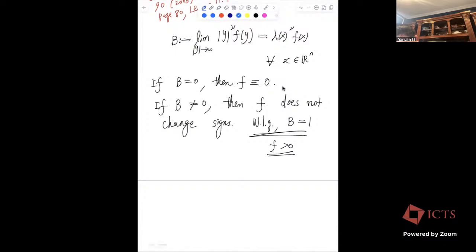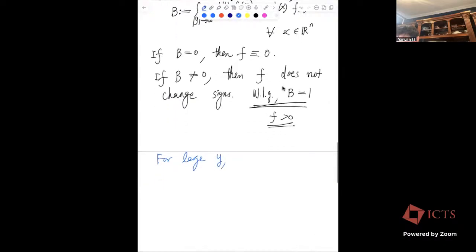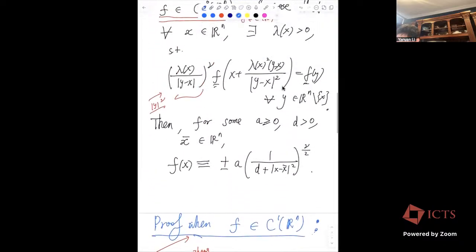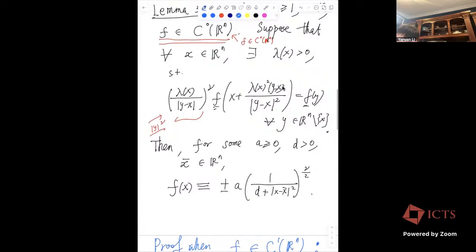So you can make a Taylor expansion to the left-hand side of this expression for large y.